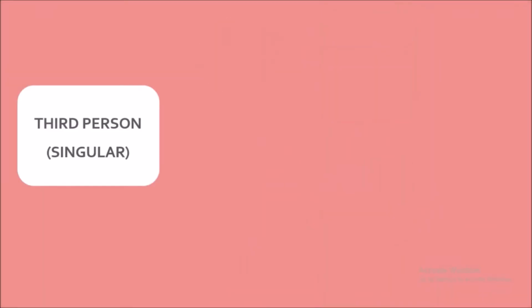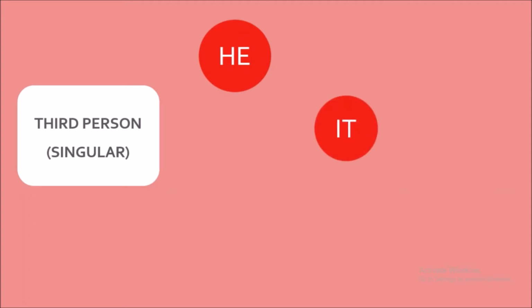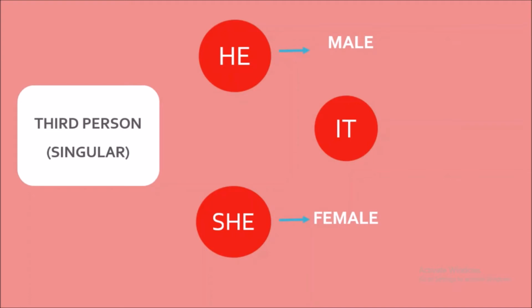Now, for the third person singular, the subject pronouns are he, it, she. We use he for male, she for female, it for non-humans or animals.